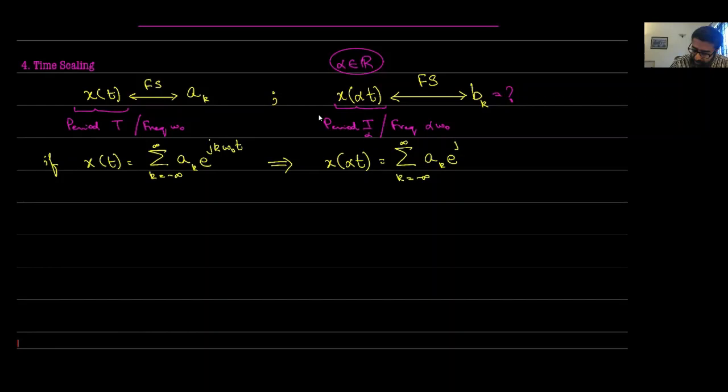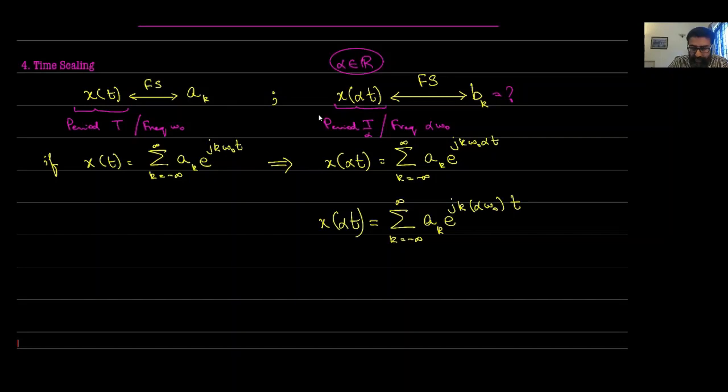So this is j k omega naught alpha times t. Let me regroup these a little bit: a sub k e raised to the power j k, alpha omega naught, times t. So this is what x of alpha t is.